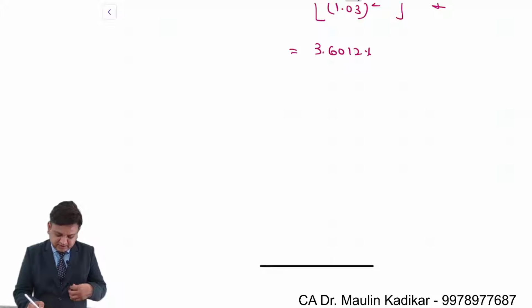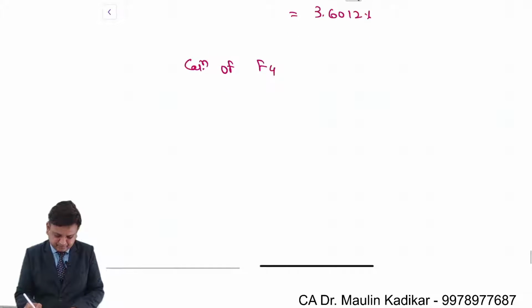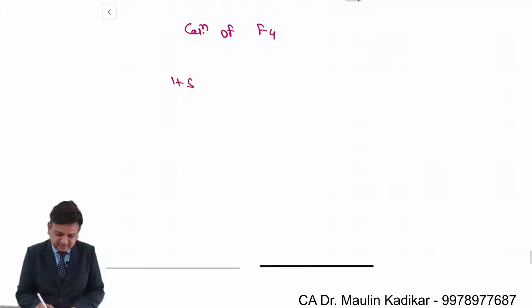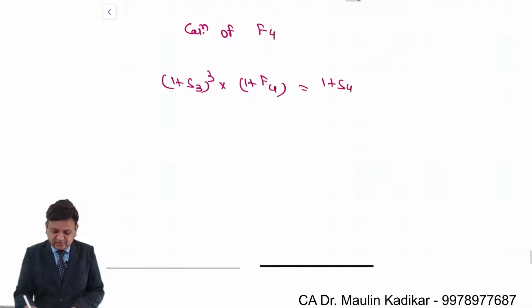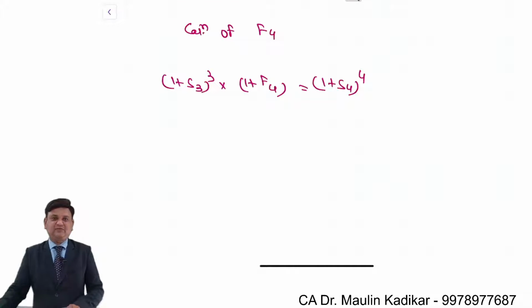Next, calculation of F4. It is 1 plus spot rate for the third year raised to 3 into 1 plus F4 is equal to 1 plus spot rate for the fourth year raised to 4. This is the way the F4 will be calculated.